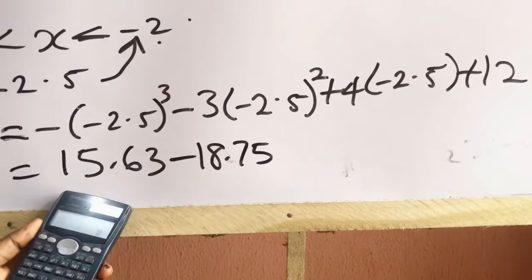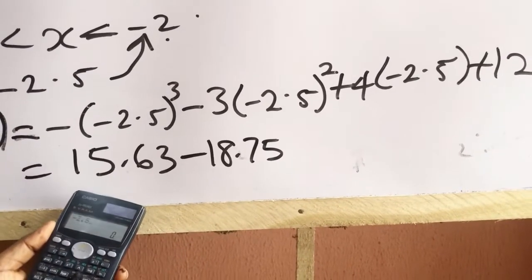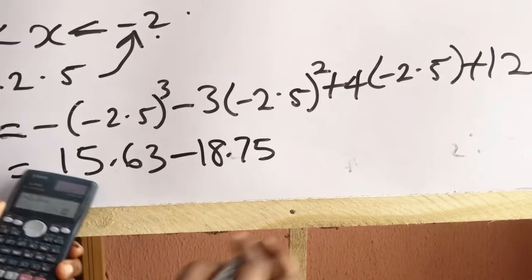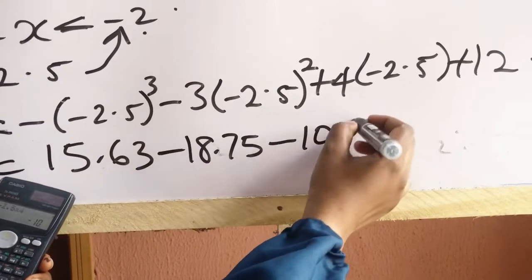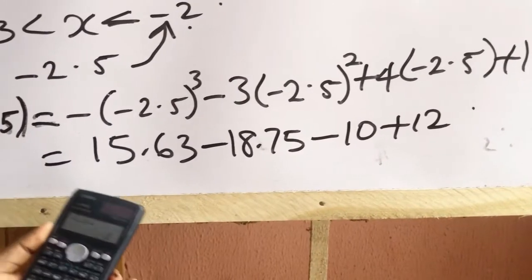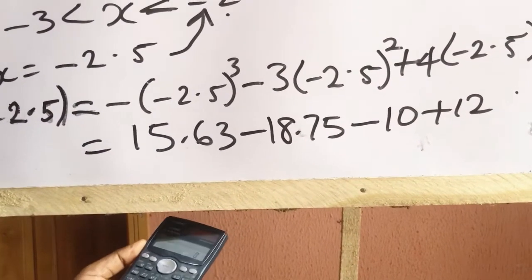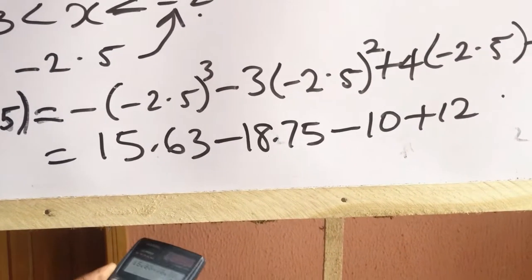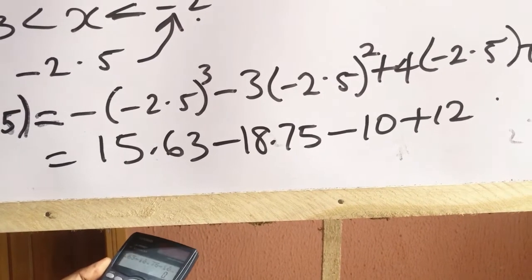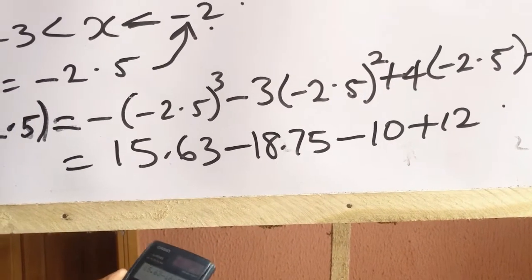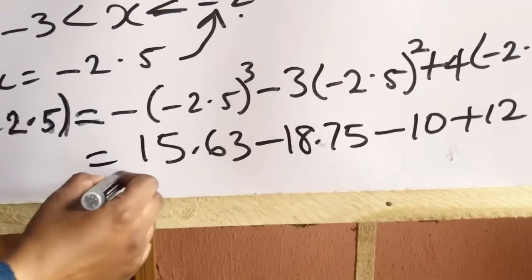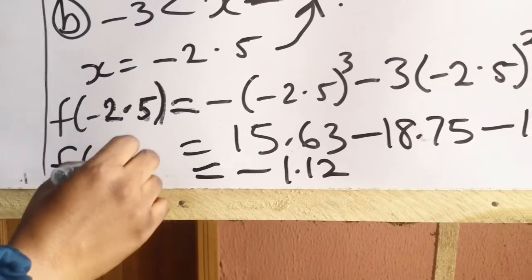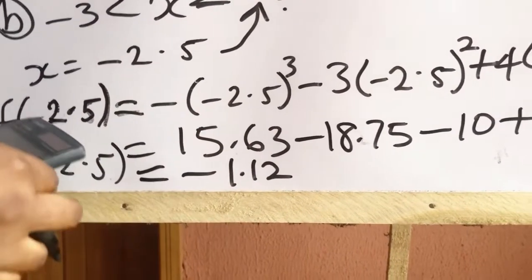Then minus 2.5 multiplied by 4 is equal to minus 10, plus 12. So 15.63 minus 18.75 minus 10 plus 12 is equal to minus 1.12. So f of minus 2.5 is equal to minus 1.12.